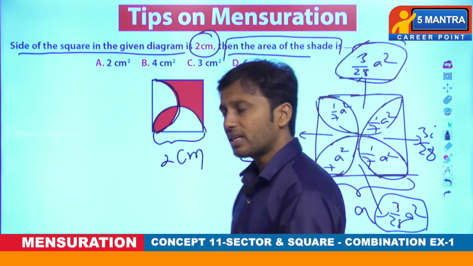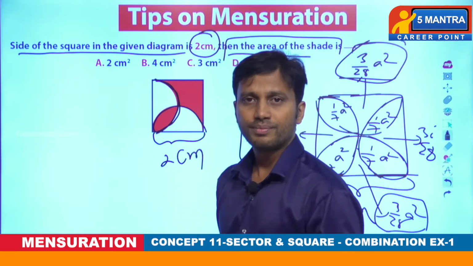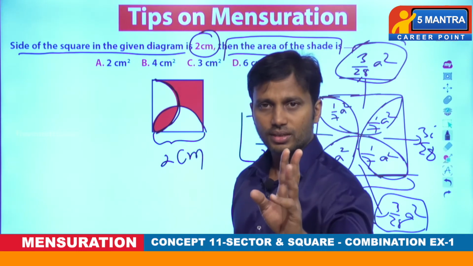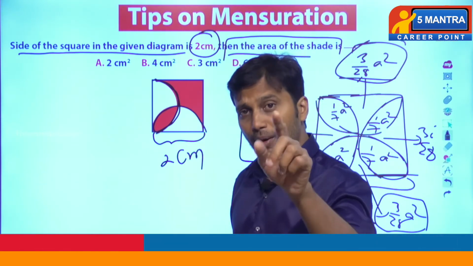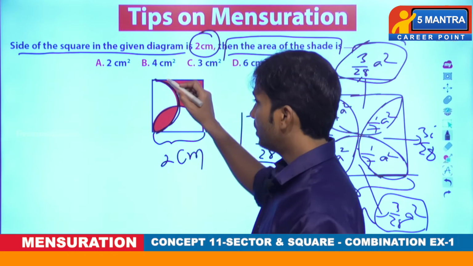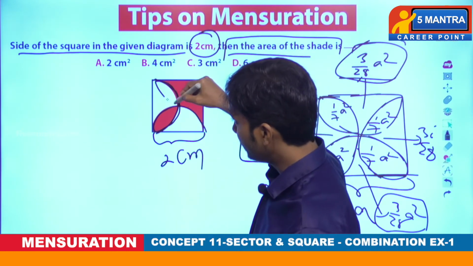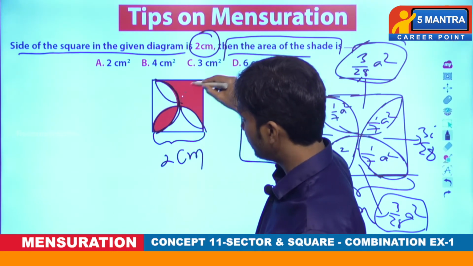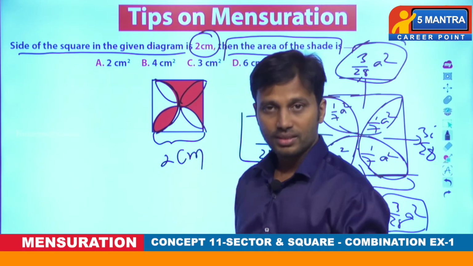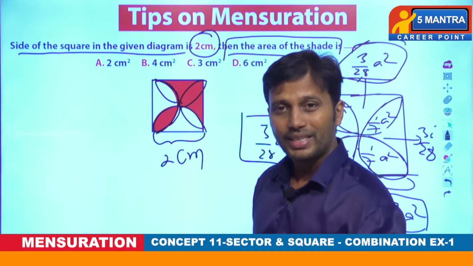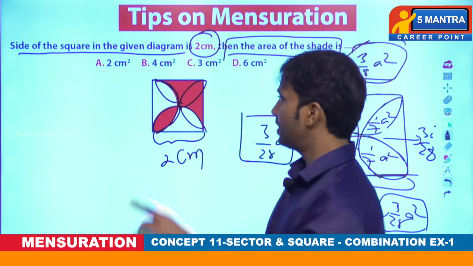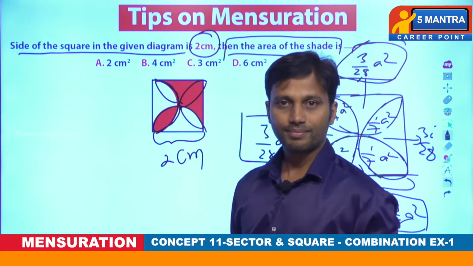How many semicircles have you drawn? 2 semicircles or not? If you had completed 4 semicircles in this, then what should come here? Like this or not? Means if you had completed this figure with 4 semicircles, this shape would have come.